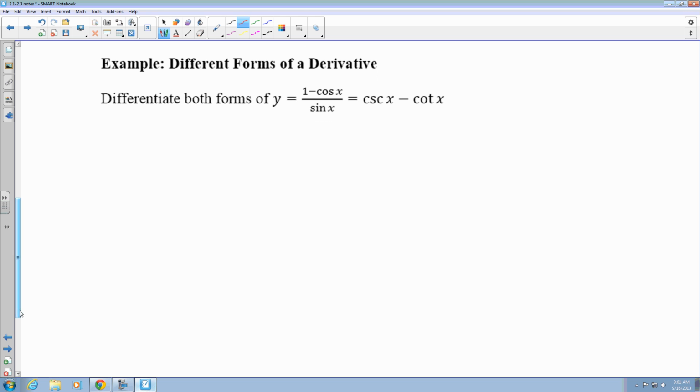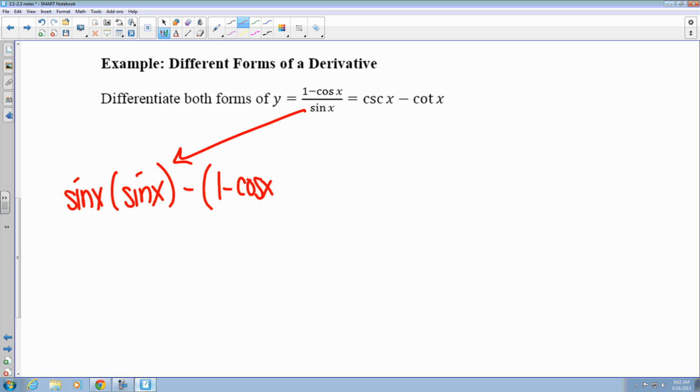Okay, so we're going to take the derivative of both these forms. First, we're going to start on the left-hand side form. We're going to have to do the quotient rule to find the derivative of this, which is g. Derivative of the top is also sine of x minus f g prime over g squared.